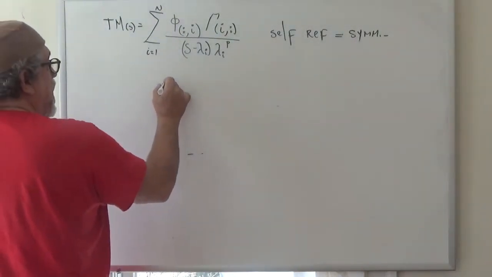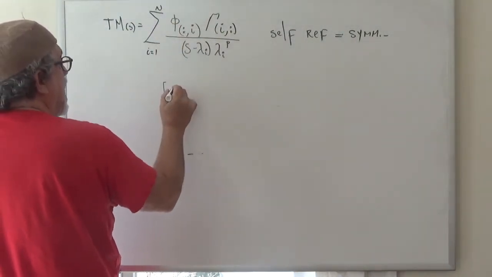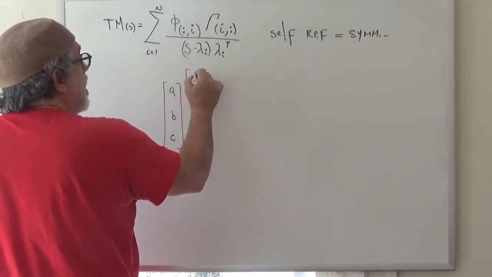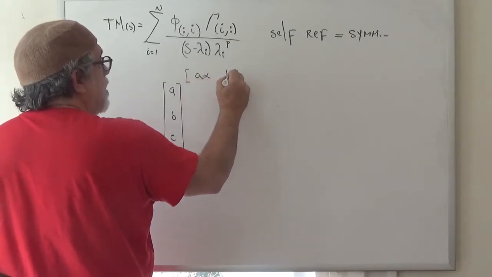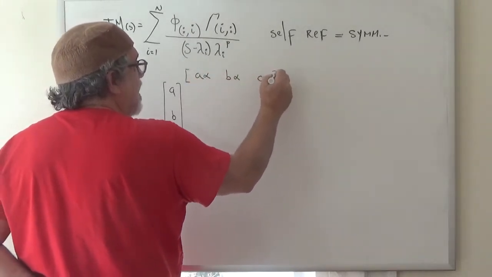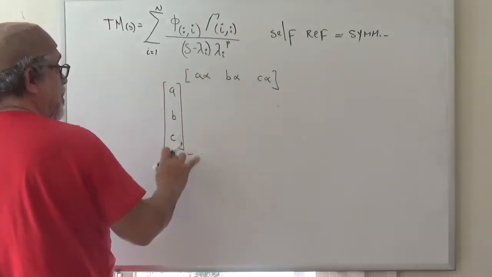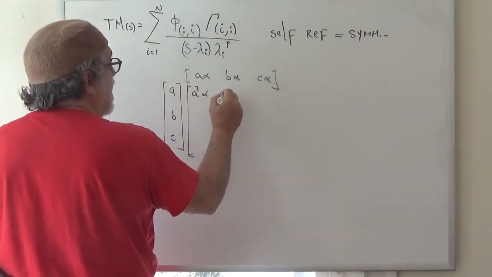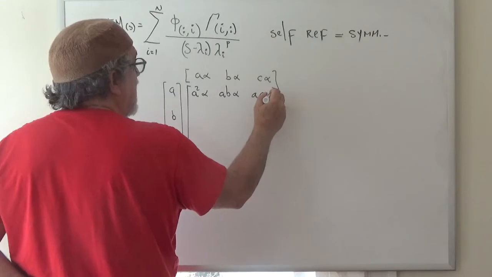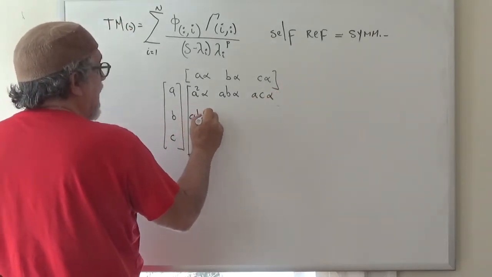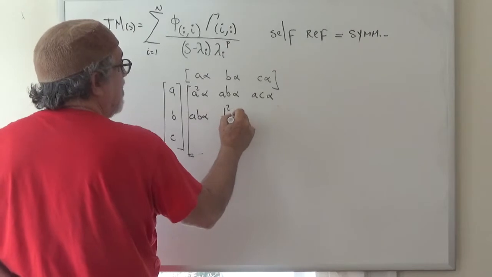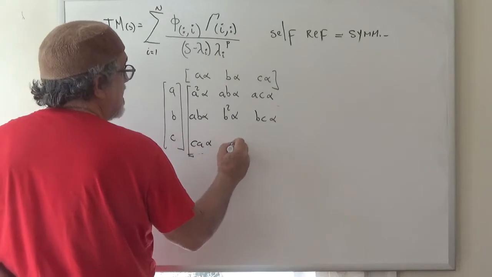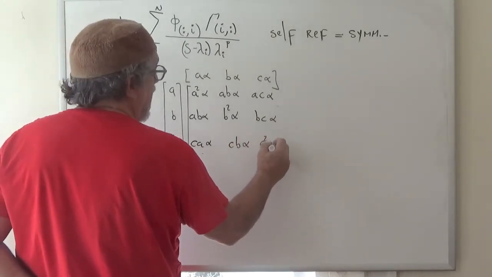In fact, to show it again, imagine that phi was A, B, C. If tau is also A times alpha, B times alpha, and C times alpha, that is, if this vector is proportional to this vector, then we will get here A squared alpha, AB alpha, AC alpha, AB alpha, B squared alpha, BC alpha, CA alpha, CB alpha, and C squared alpha, right?